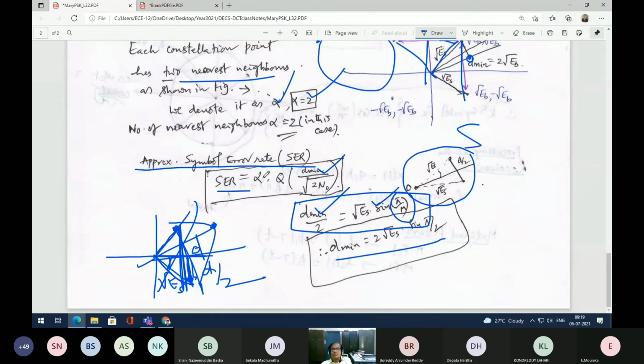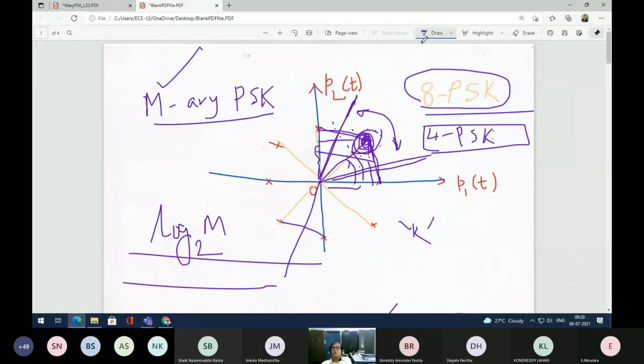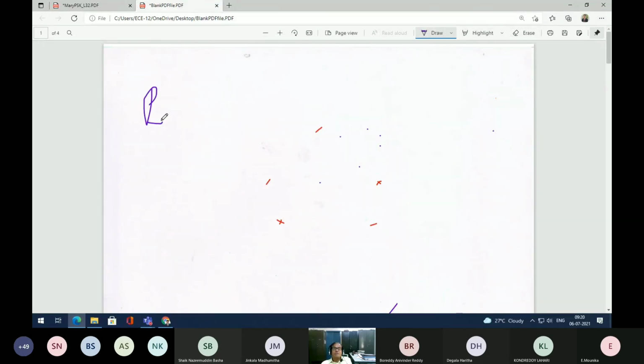It is in terms of alpha, P is equal to 2 into Q of. If you substitute D minimum, which is nothing but 2 root over ES into sin pi by m, please substitute and tell me what kind of expression you are going to get. Here, P is equal to alpha, that is 2 Q of D minimum. What is the D minimum here? D minimum is root over 2 into root over ES into sin pi by m, right?